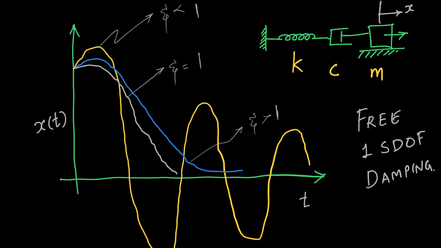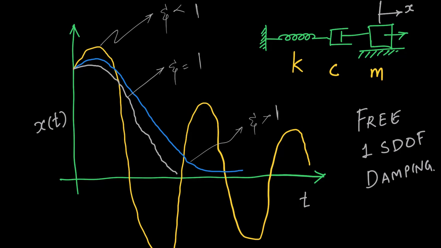To give you a bit more physical intuition of what is happening here, let's say I'm pulling this particular mass by a certain amount as given by this height, which is the initial displacement. I'm pulling it to a certain distance, and then I'm just leaving it.